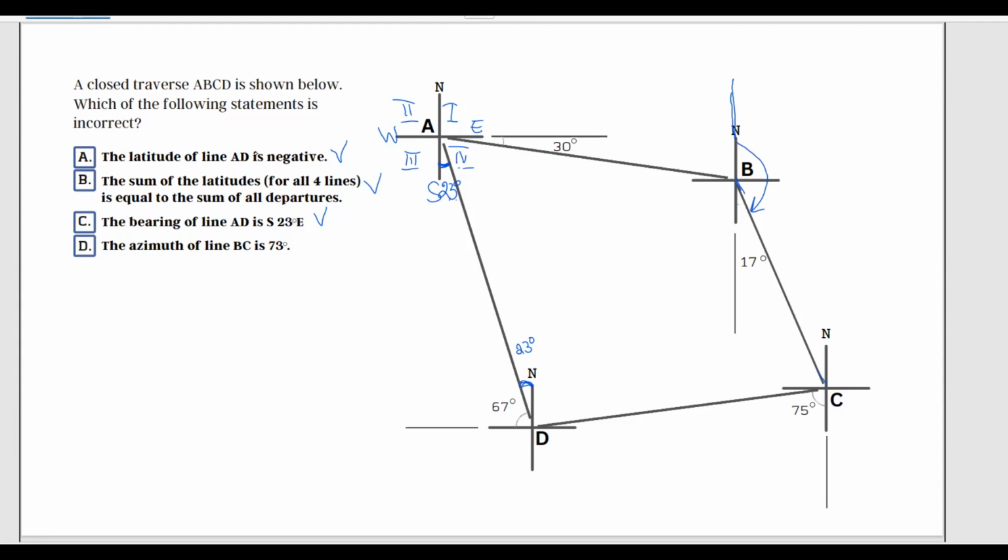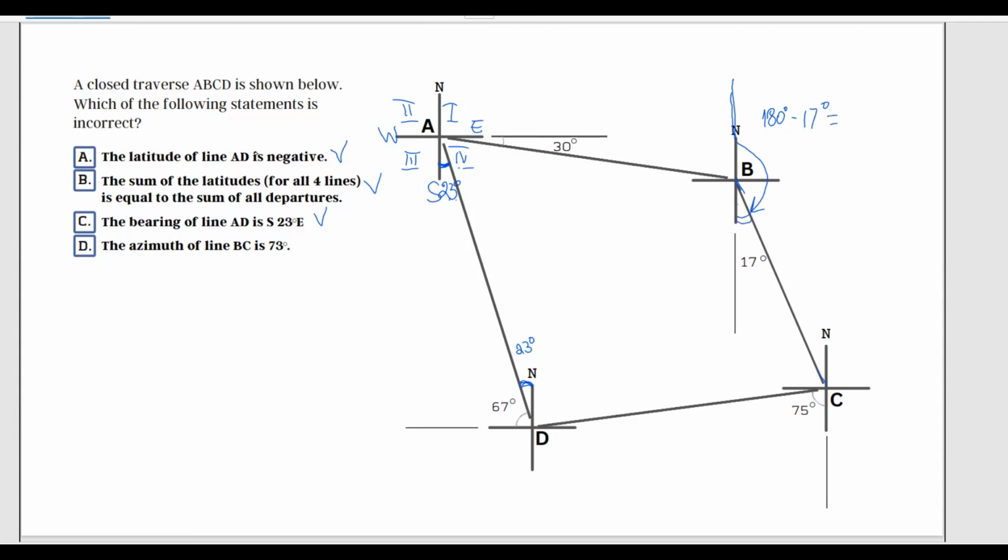So this is the angle. And notice how this angle is greater than 90 degrees. We know exactly how much it is. It's going to be 180 degrees minus 17 degrees, because we know this angle over here.